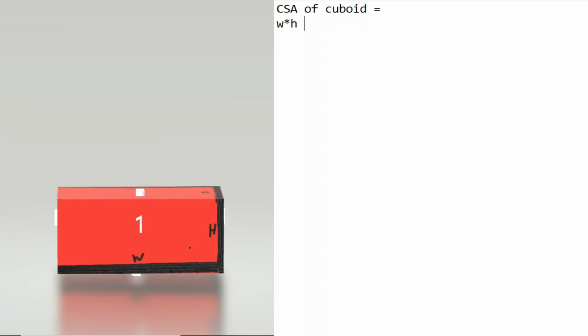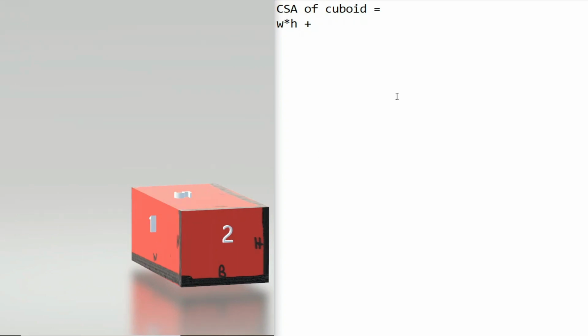Right? Then our second surface will have an area of breadth into height, because the second surface has breadth as its width and height as its height. So breadth into height will give me the area of the second surface.